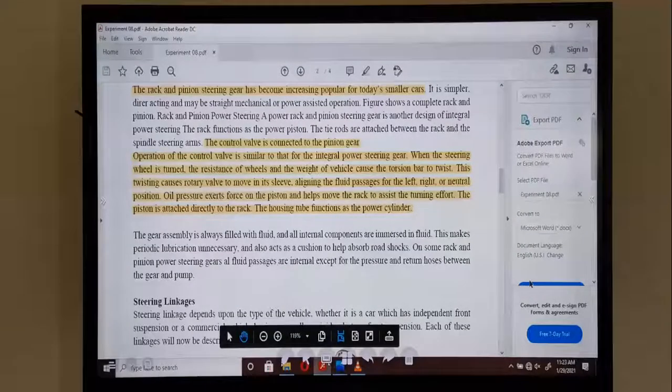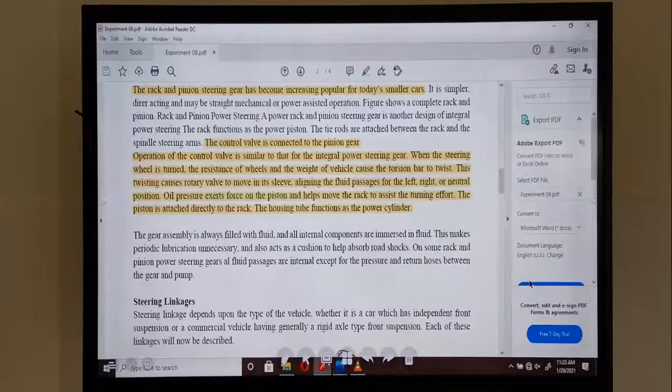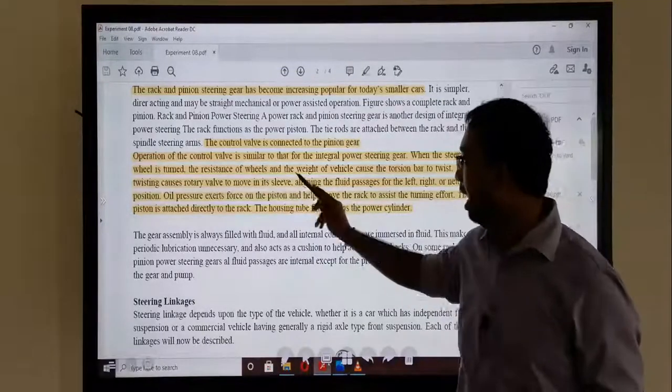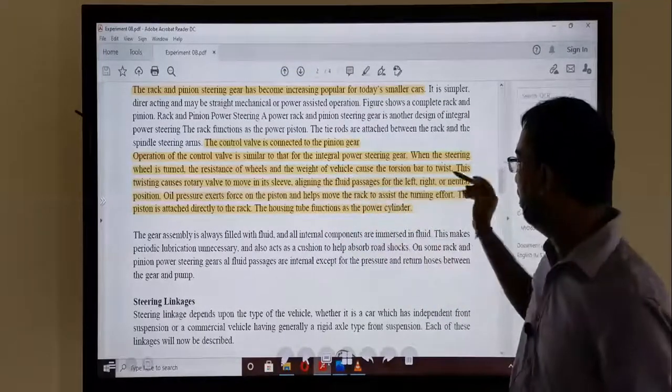Here these things are told. When the steering wheel is turned, the resistance of the wheels and the weight of the vehicle cause the torsion bar to twist.